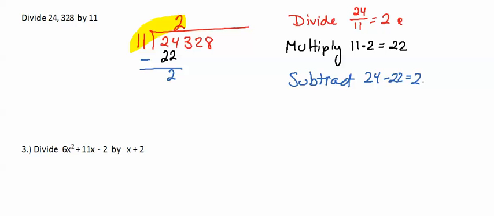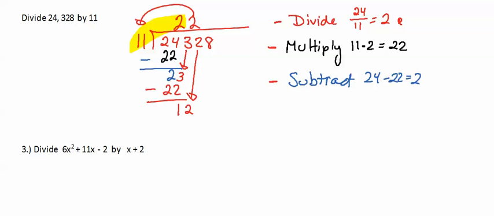From there, you drop down the 3, and you start this process over again. You divide 23 by 11, which is 2. You multiply the 2 times 11 again, which is 22. You subtract, you get 1, and you drop down the 2. And then you go through this process again.